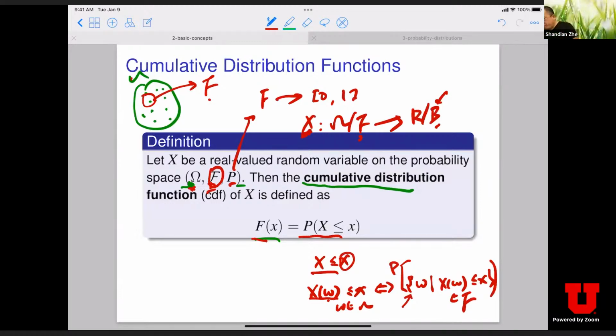Of course, the probability of this event varies along with the small x, because the small x defines the range where the value of the random variable falls. You change the x, you change the range, the event, and also the probability measure on that event. So this is essentially a function from x to the probability measure, which is between 0 and 1.